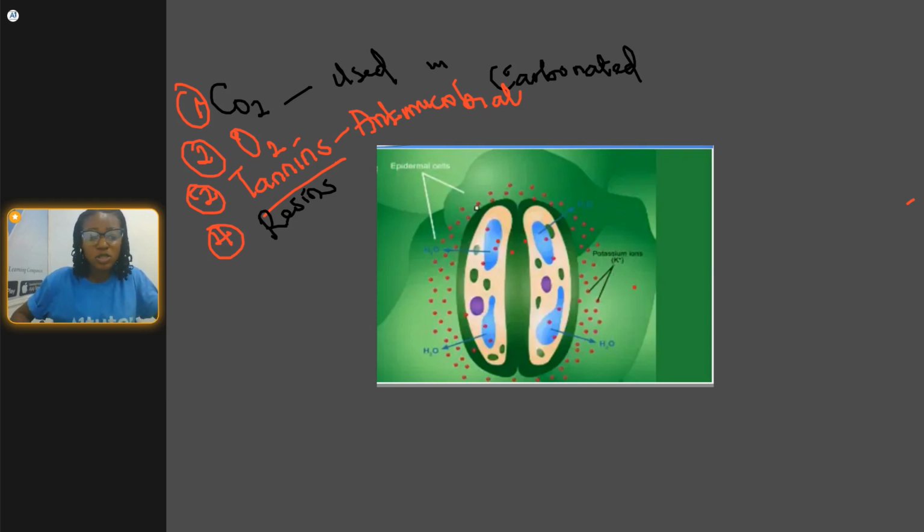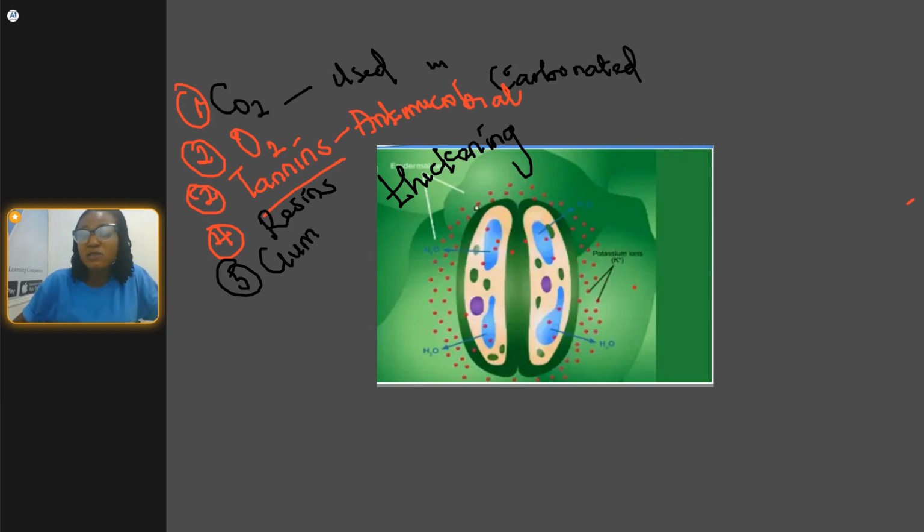And another product is gum. So what do we use gum for? It is used as a thickening agent. It helps in thickening food.